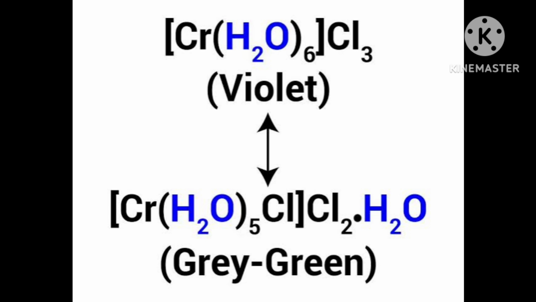Then it is an interchange. Bromide came inside, sulfate went outside. Now the cobalt NH3 SO4 is in a bracket, outside is bromide ion, and cobalt NH3 bromide is now inside and sulfate is outside.